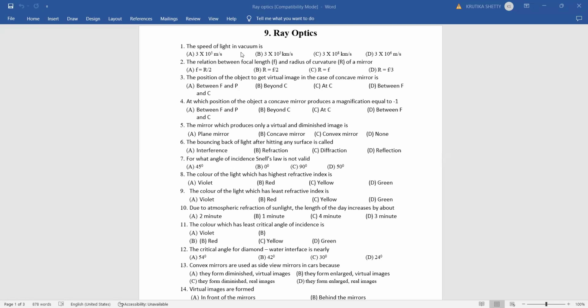Yes, that is option A, F is equal to R by 2. Correct answer. So for the second question, R by 2 is correct.